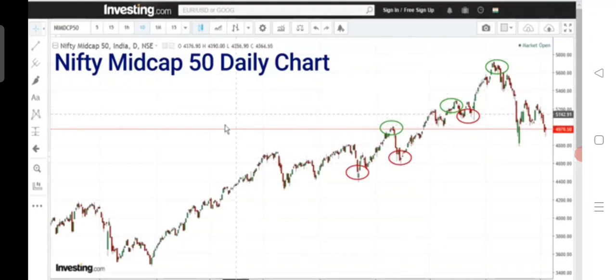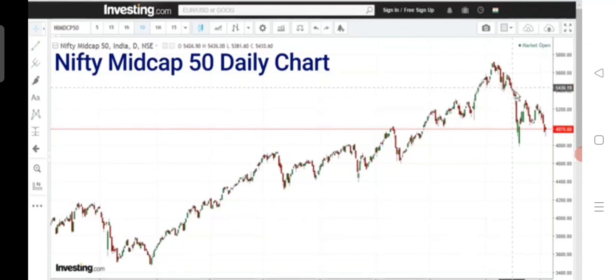So it was an uptrend, but see what happened towards the beginning of 2018. We can see that this Mid Cap 50 started correcting, and after around the 10th it started correcting, and by the end of January it was quite lower.